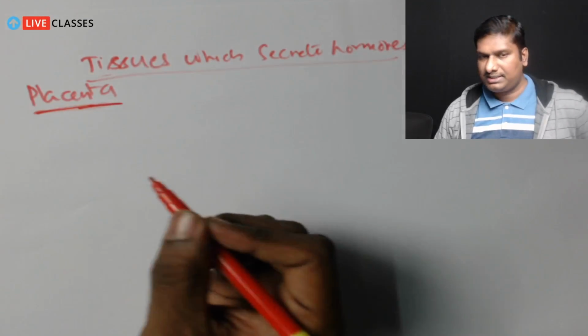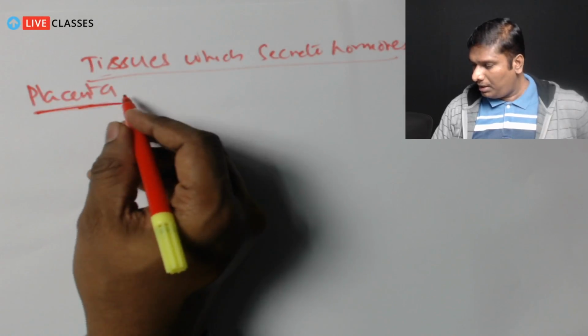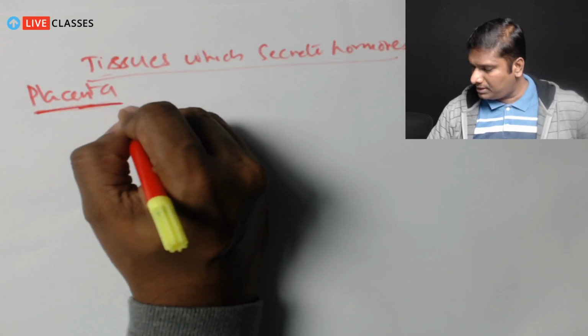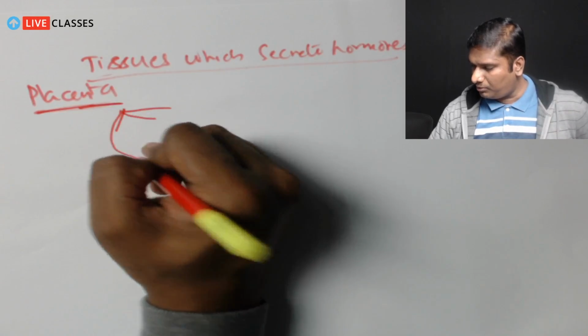Now let's take the placenta. It actually produces 4 different hormones.